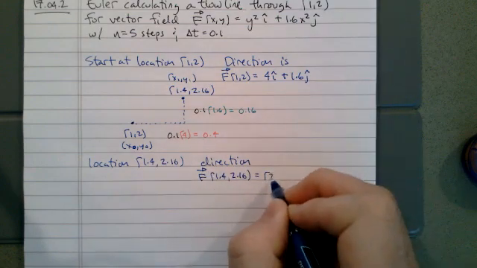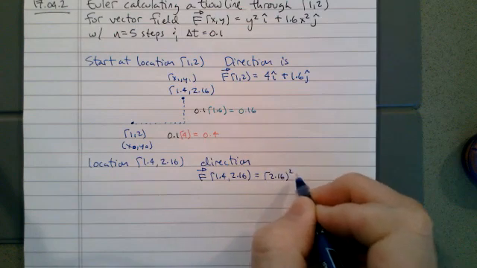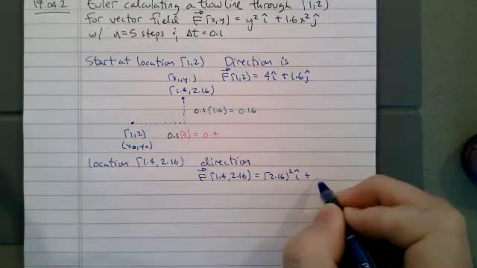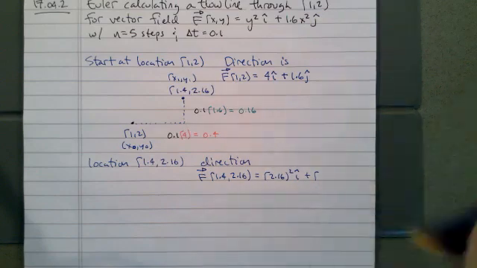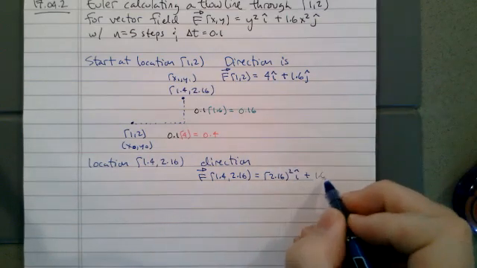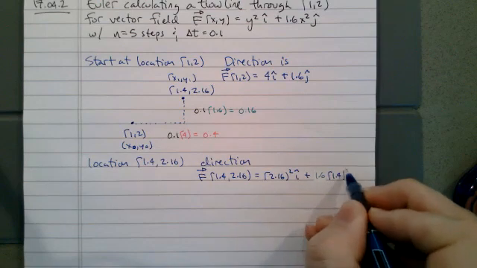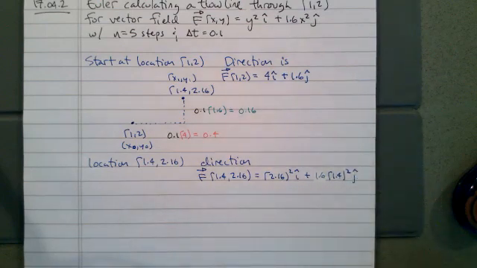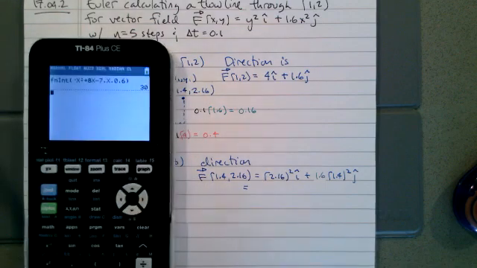So we're going to do 2.16 squared times i plus 1.6 times 1.4 squared times j. It's too early for me to do this just by thinking about it, even though I generally advocate for that.